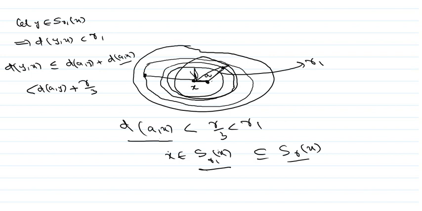This distance a and y plus, it's actually y and a plus a and x. This sum distance, what's this distance?